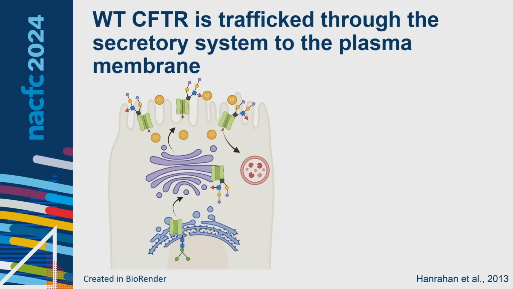As you well know, CFTR is synthesized at the ER, where it is core glycosylated, then traffics to the Golgi, where it is complex glycosylated, and then makes its way to the plasma membrane, where it functions as a chloride ion channel, and then gets degraded through the endolysosomal system.